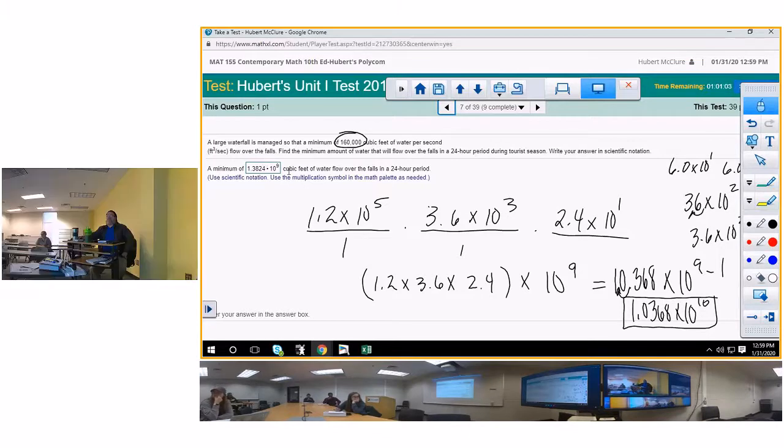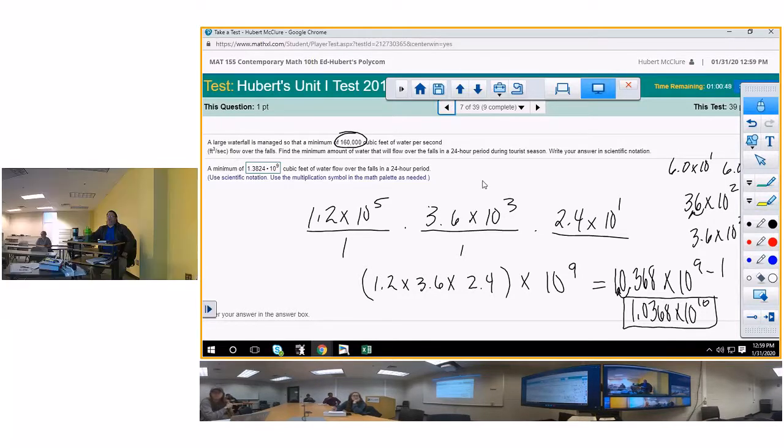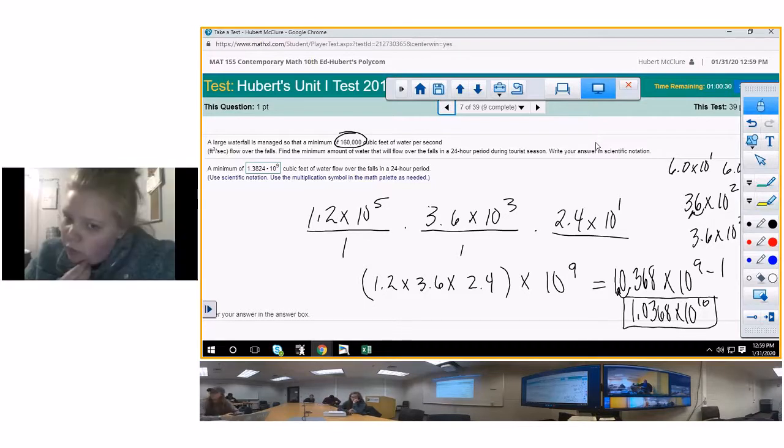Same question. I should have a 10th power here. That's 1.6. Somebody multiply for me. Multiply 1.6 times 3.6 times 2.4. It's 13.824. Yeah.